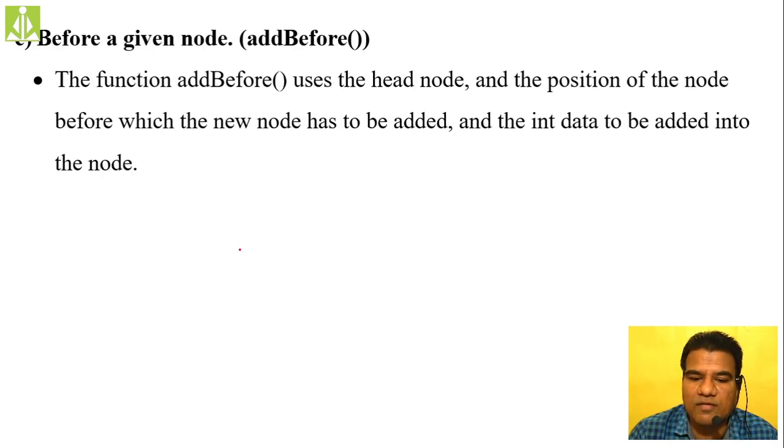So for insertion before a given node, the same concept, just what changes is that in our previous case we inserted the newly created node after the given position value, but now we do the insertion before the given position value. So wherever we used the next pointer in my previous consideration, now in this add before consideration, we simply have to use previous.